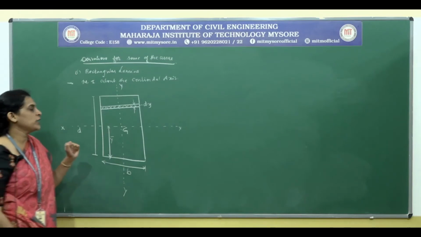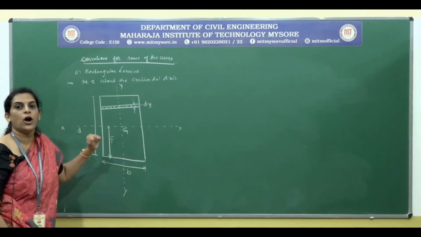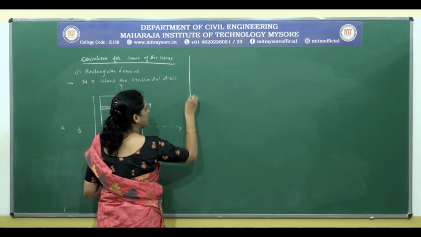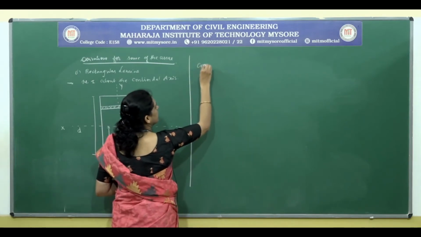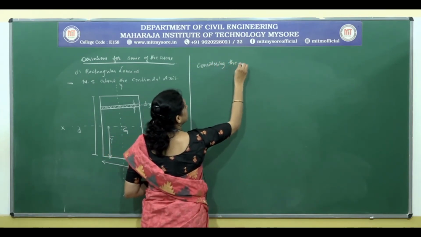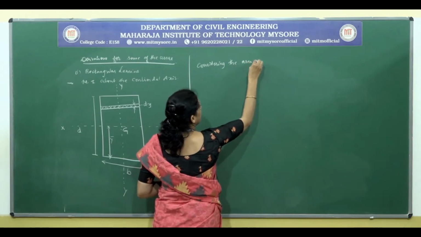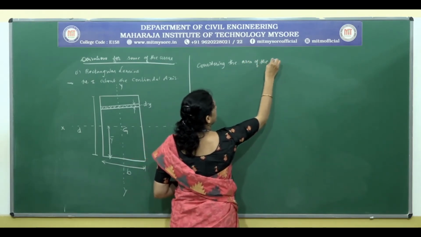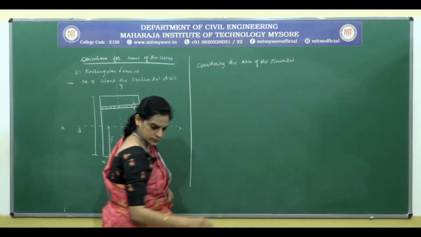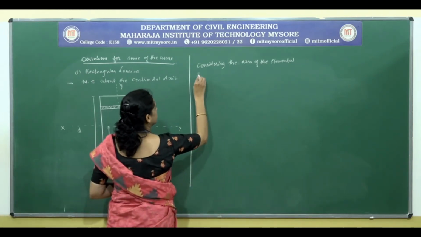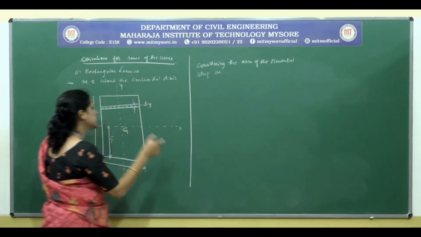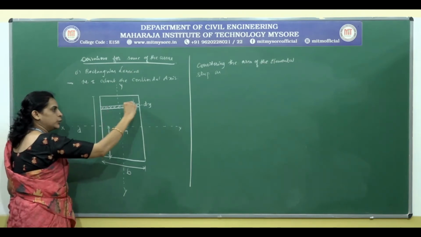Now, we shall consider the area of the elemental strip first. Since it is a rectangle, the area of the elemental strip is b into dy.